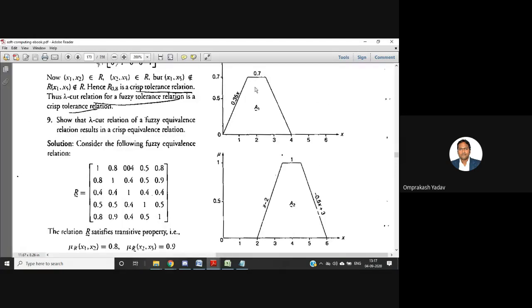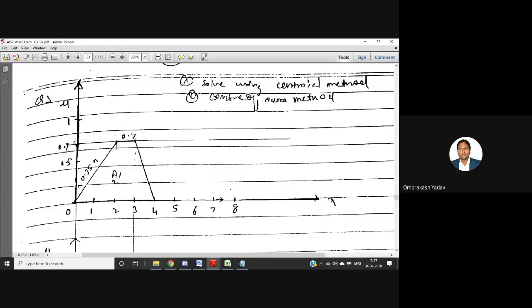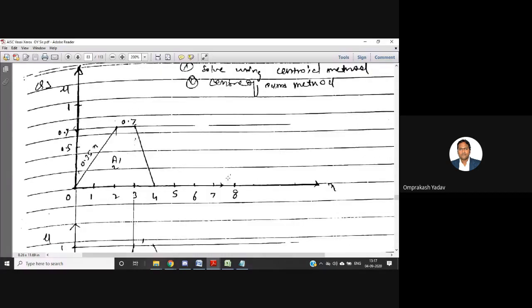If we look at this particular graph, it seems that the middle point will be 2, but it's not like that. The graph is something like this. This point is coming at 2, 1. So please correct this one.